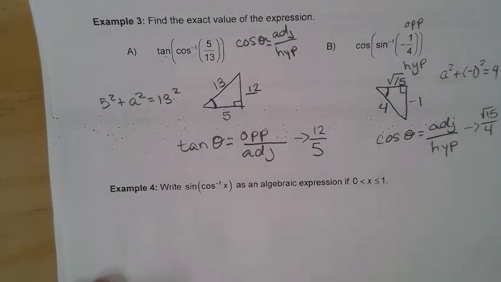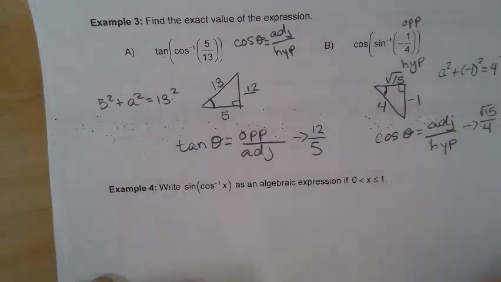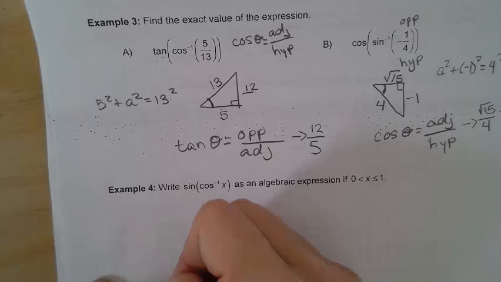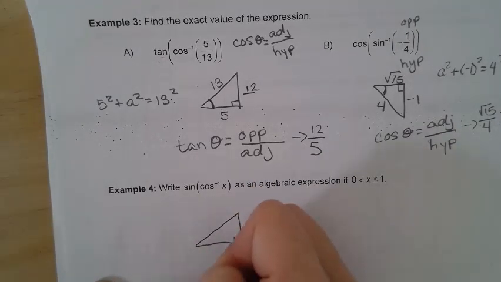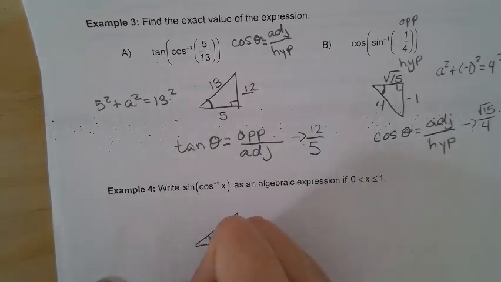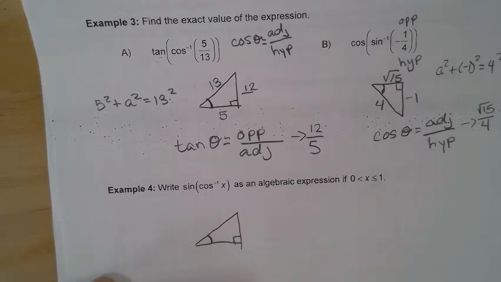This one's going to be like your level 4 because our answer is going to be in variable form. So I'm going to draw my triangle. Cosine again is adjacent over hypotenuse, so it's going to be x over 1.